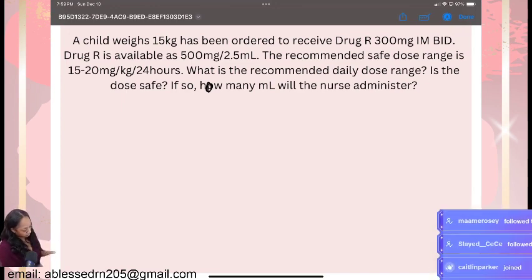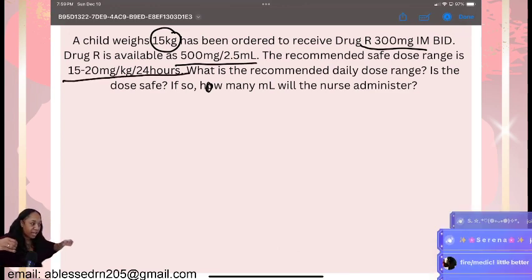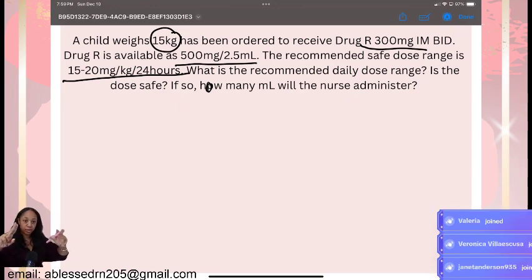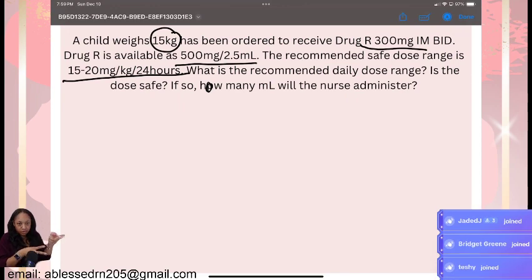All right, so this is what's been ordered. So we'll leave that alone. Our patient weight is this, and then this is what's available. So our safe dose range is this. So when we have a range, that means that there are 2 numbers, okay? A range means 2 numbers. You got a lower limit and you got an upper limit. The lowest limit is how much they can take. That's the least amount they can take for it to be therapeutic and work in the blood, okay?